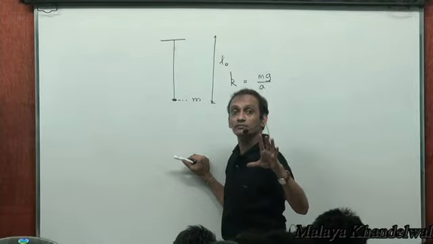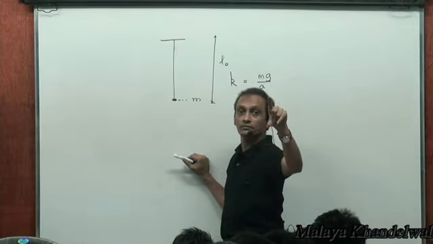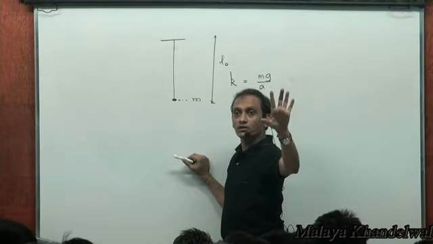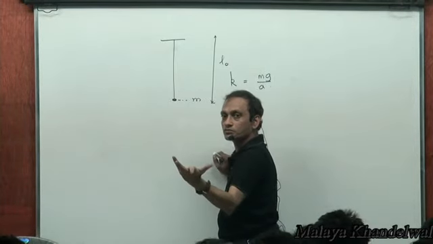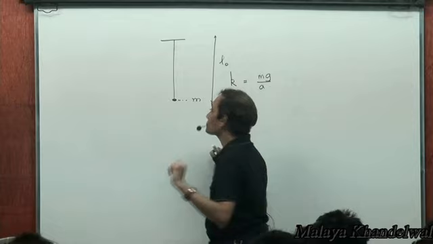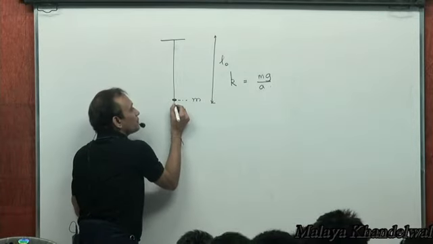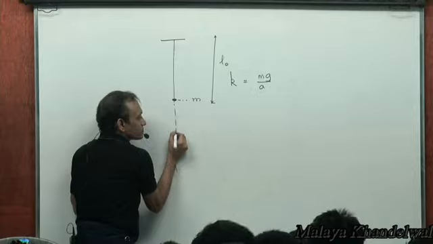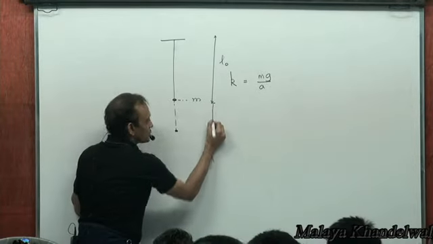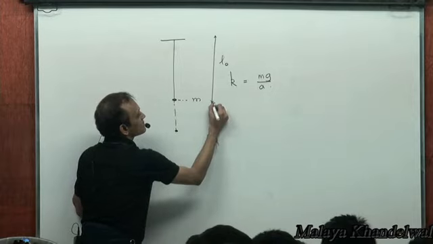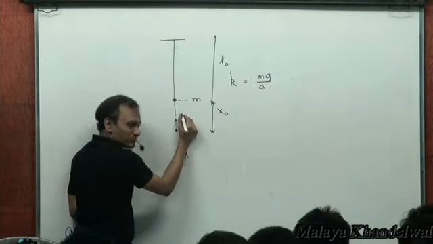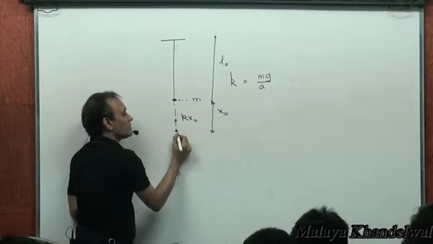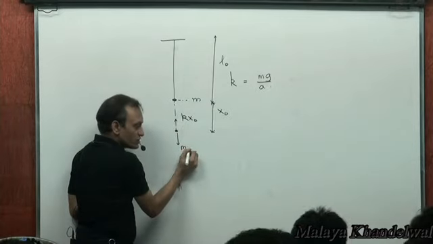Why is this not the equilibrium position? Because there is only mg acting downwards, an unbalanced force, right? Now as the thread elongates, say when it is elongated by an amount x naught, the spring force would be kx naught upwards, whereas mg would be downwards.